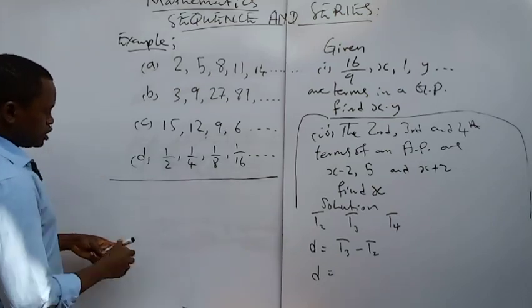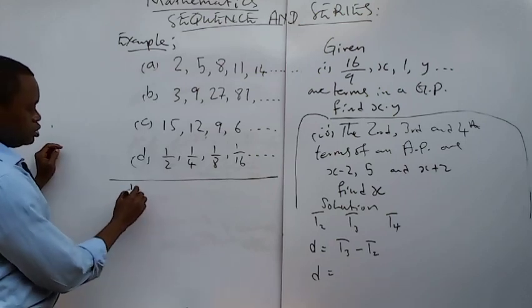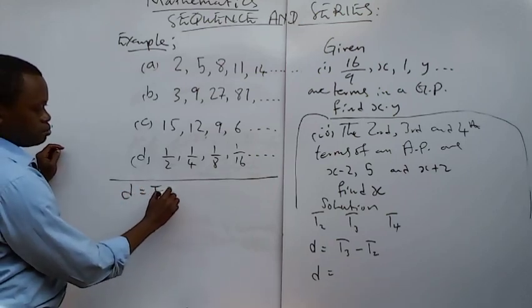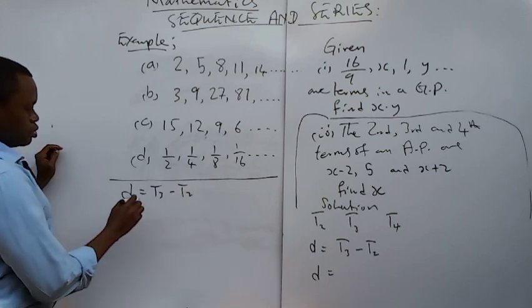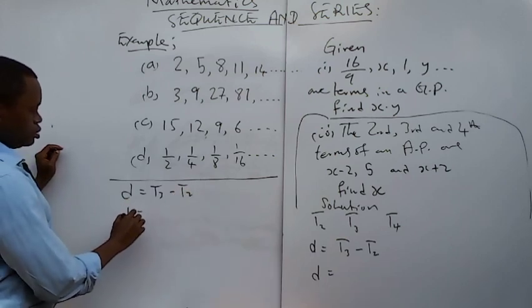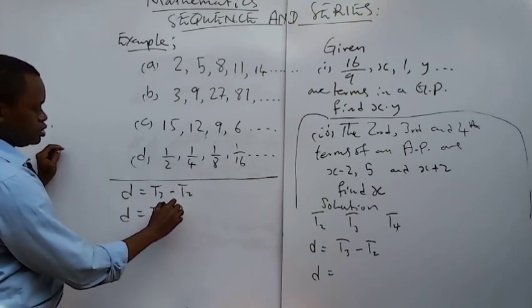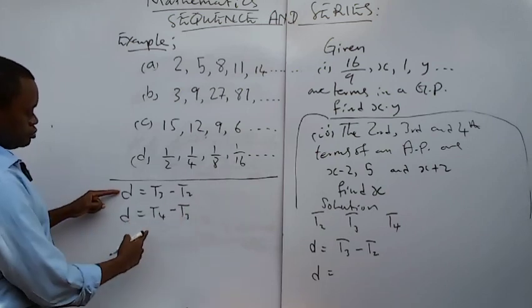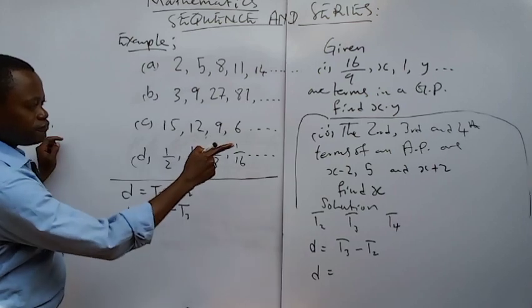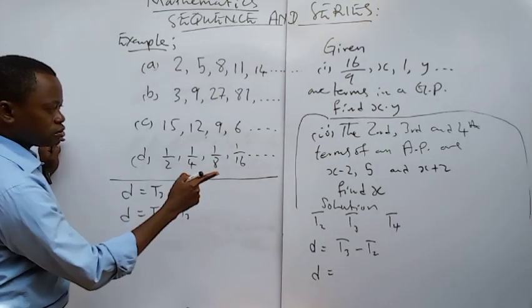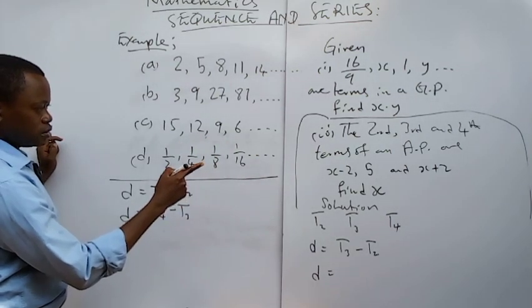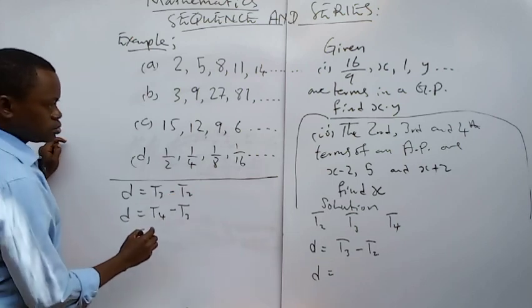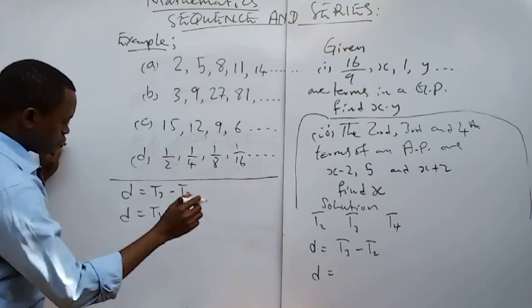So it's either that the common difference D is equal to T3 minus T2, or it will be T4 minus T3. So in this case, the second term is x minus 2.